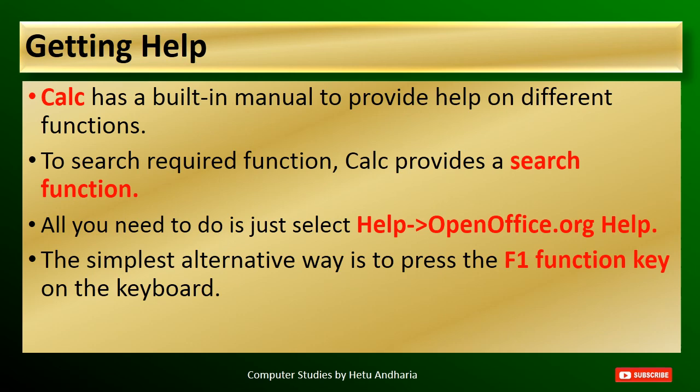To search for a required function, Calc provides a search function. All you need to do is select Help from the openoffice.org Help menu. Now this is a very lengthy process. The simplest alternative way is you just press the function key F1, so the help dialog box will open.